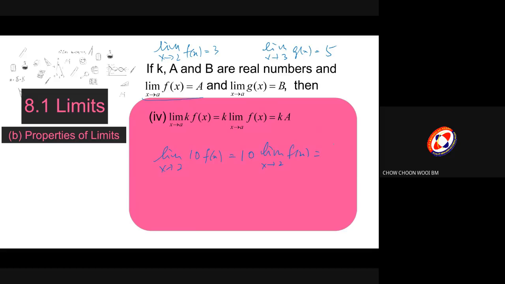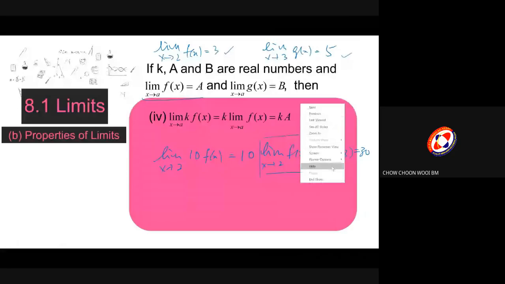Jadi apa maksudnya? Adalah 10 diberi, yang ini berapa diberi dalam soalan? Yang ini 3 kan? So jawapan dia 30. Yang ini sama dengan 3, yang itu sama dengan 5. Yang ini sekiranya diberi dalam soalan.